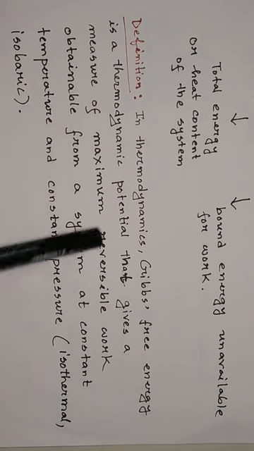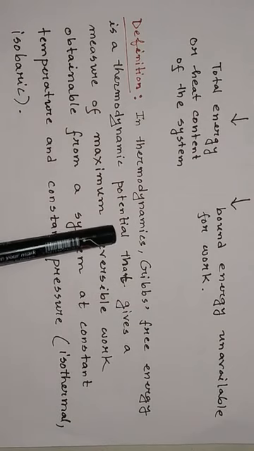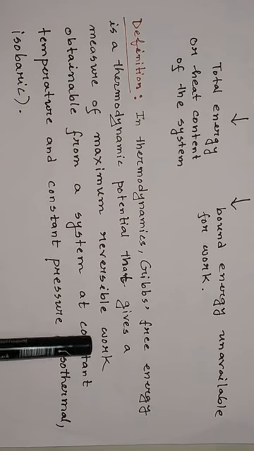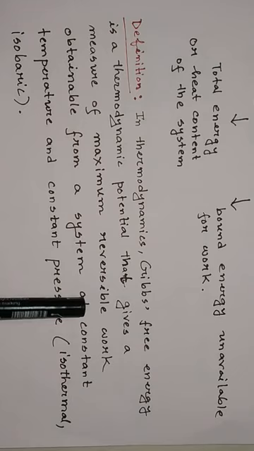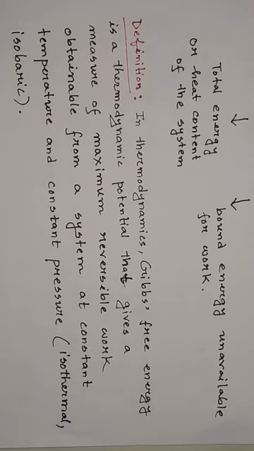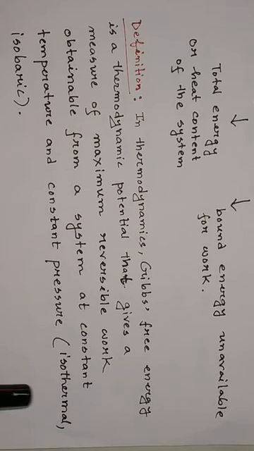In thermodynamics, Gibbs free energy is a thermodynamic potential that gives a measure of maximum reversible work obtainable from a system. Maximum reversible, why? Because only if the process is reversible will we get the maximum amount of work, not for an irreversible process.